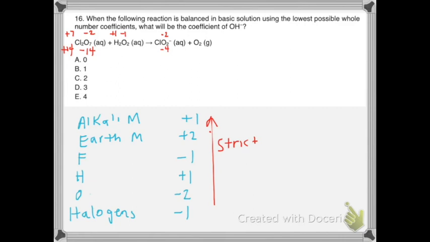To have the sum equal -1, the chlorine would have to be +3. And there's only one, so it'll just be +3. Moving on to the oxygen, it's easy when compounds or atoms are in their elemental form because they're just going to be 0.